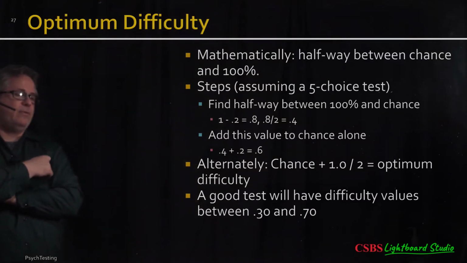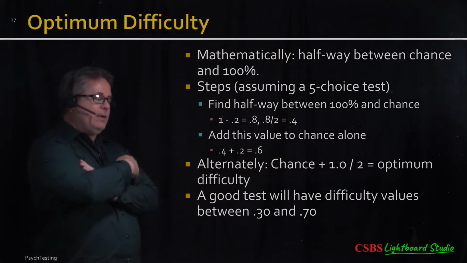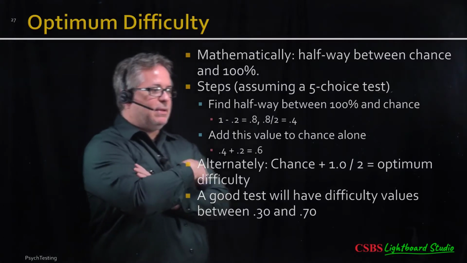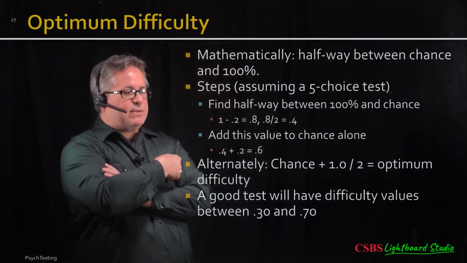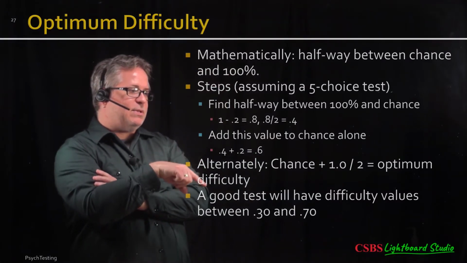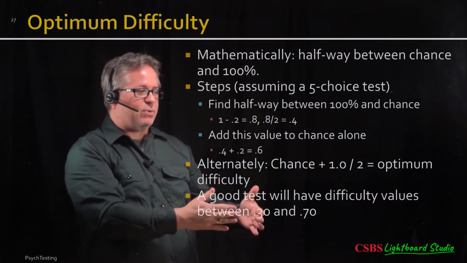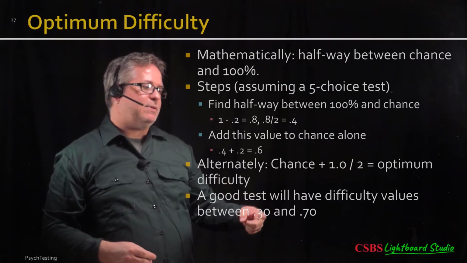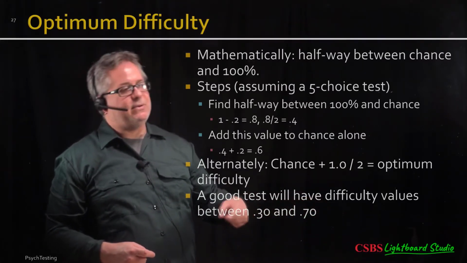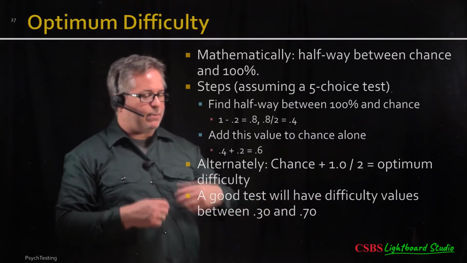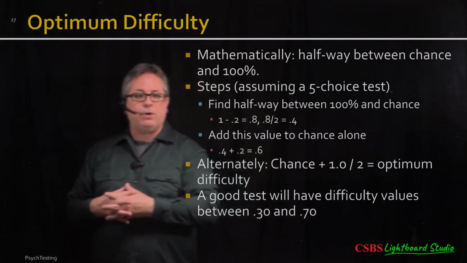Realistically, it's sort of goofy to think about trying to make all your tests have the same difficulty. What you really want is a range. You want some easy questions, you want some difficult questions. So a good test will have difficulty values that range between difficult and easy, but not too easy, and difficult but not too difficult, to get people to be able to differentiate between one another.